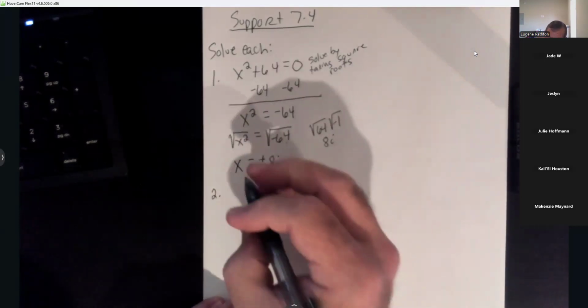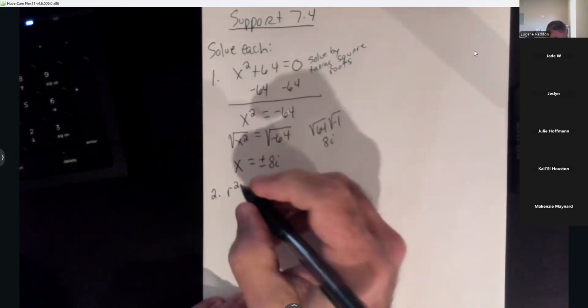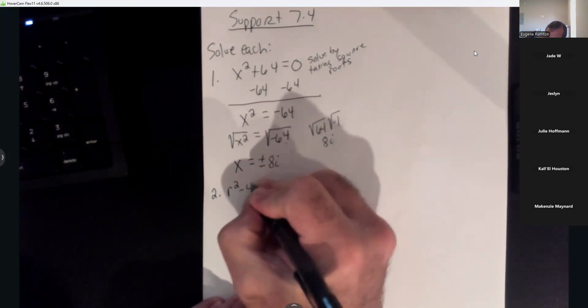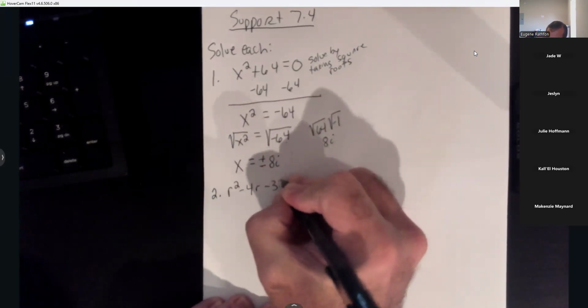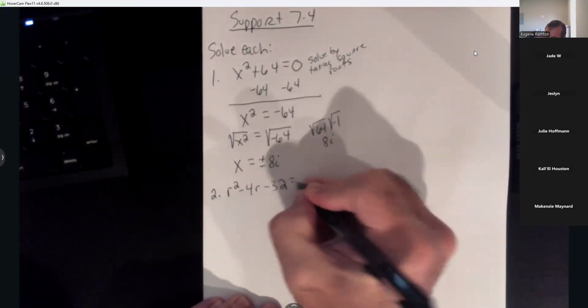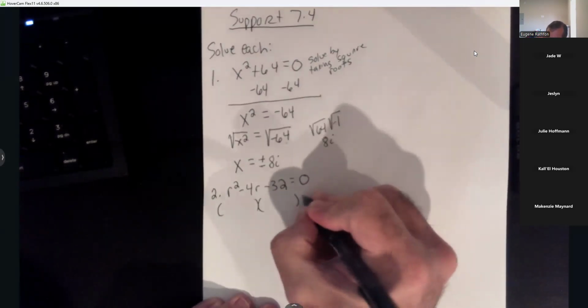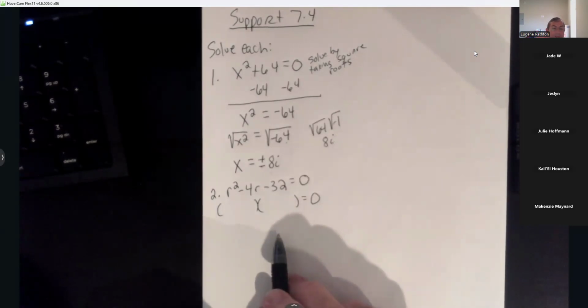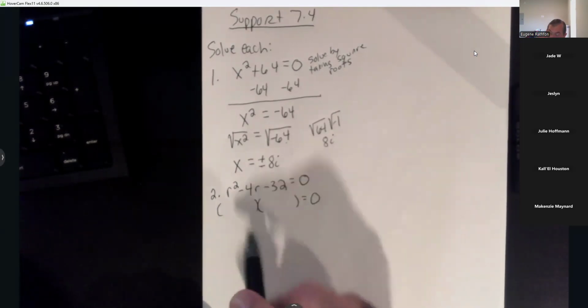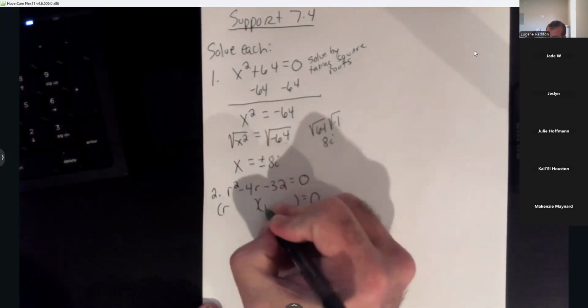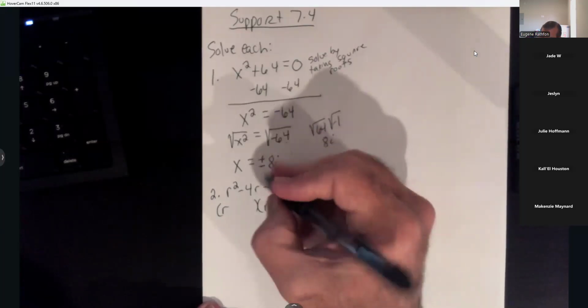All right, then the second one, they had r squared minus 4r minus 32 equals 0. So this one factors. R squared would be an R and an R. Now, y'all watch this one.